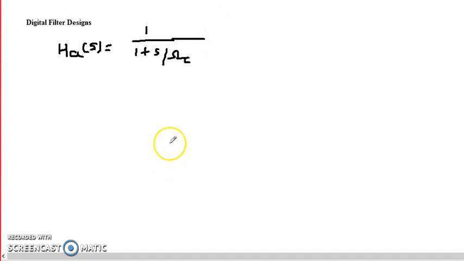Okay, and let us say that for the digital filter the cutoff frequency is given as 0.25 pi.